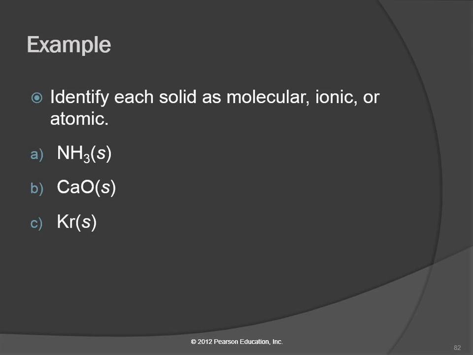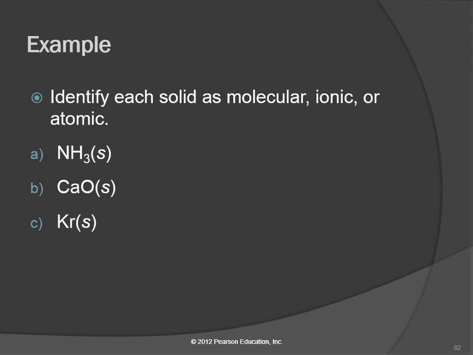So this is something you should be able to do. If I give you a formula, you should be able to identify whether it's a molecular, ionic, or atomic solid. And this is easier than it may seem at first, because we studied nomenclature and we learned to classify things in terms of molecular compounds and ionic compounds. What is the thing that helps us to recognize an ionic compound?